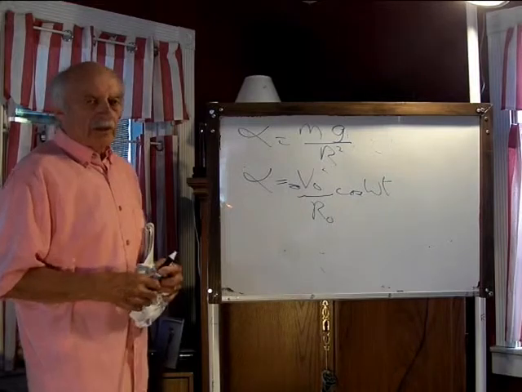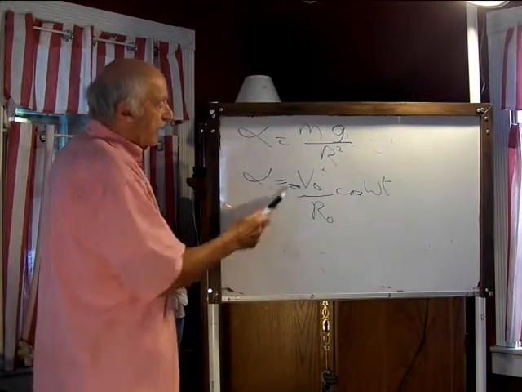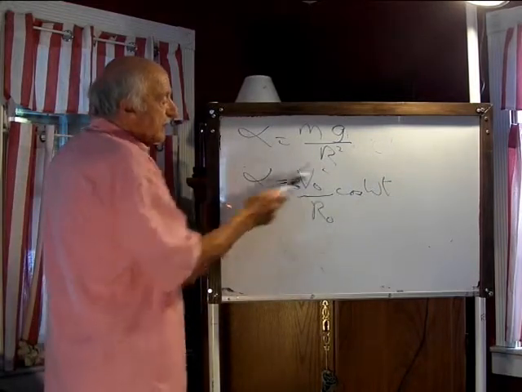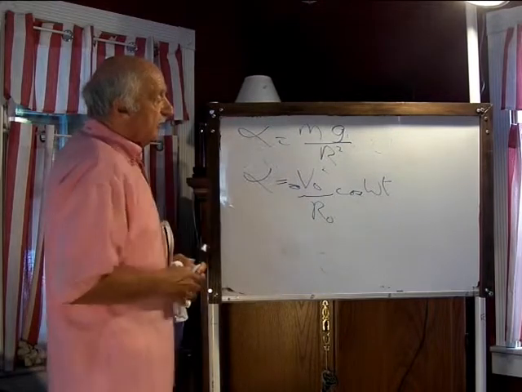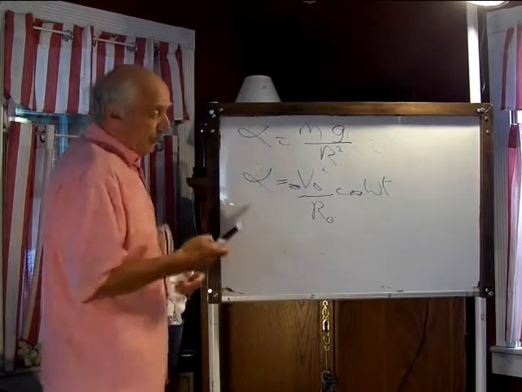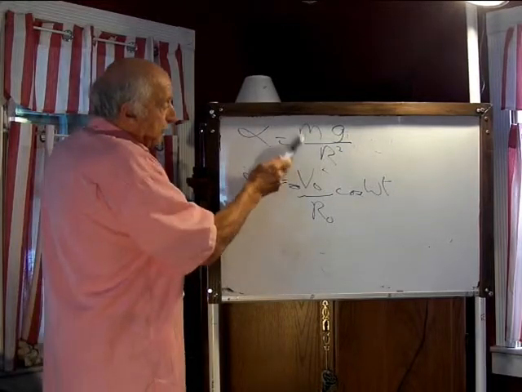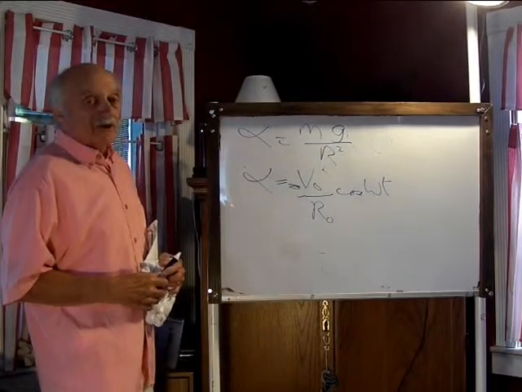That's why bodies stay in circular orbit, and so they're the same when this is equal to 1. But it's not equal to 1 at other times.